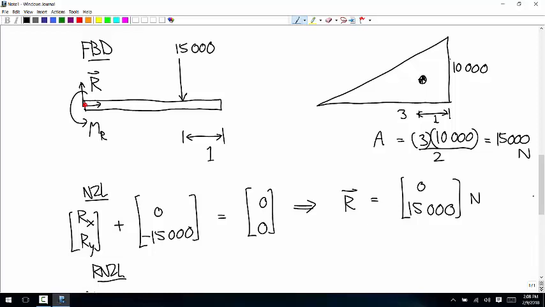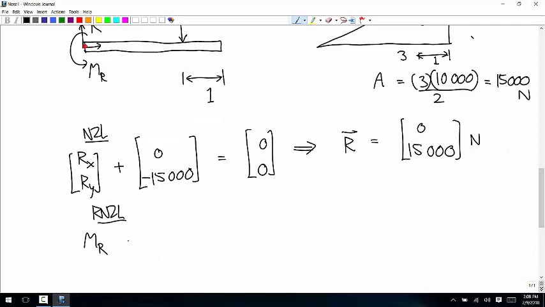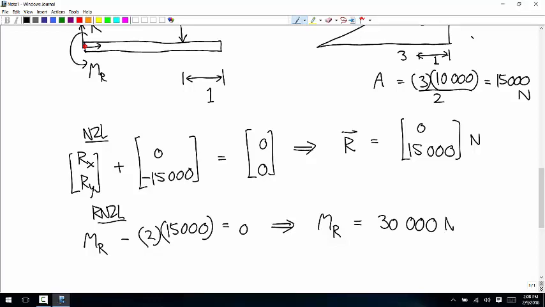And would that force make it rotate clockwise or counterclockwise around that point? Clockwise, so it's negative. So negative 2 times 15,000 equals 0. MR is equal to 30,000 Newton meters.